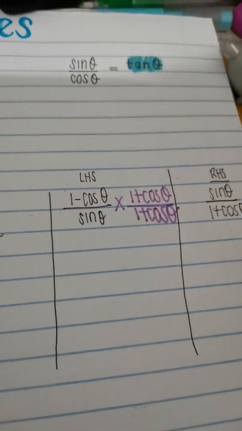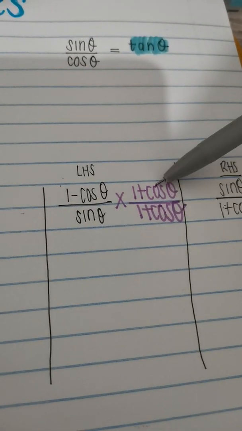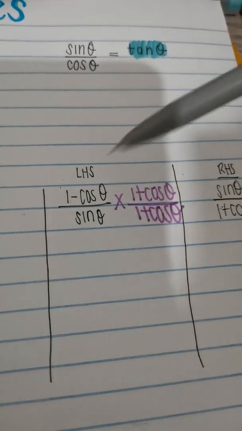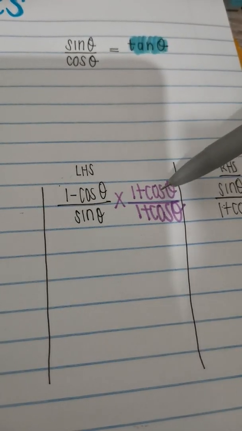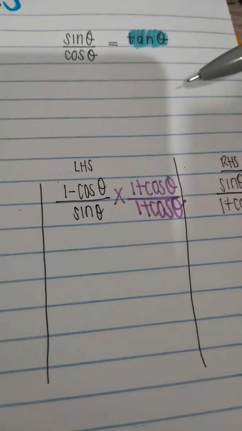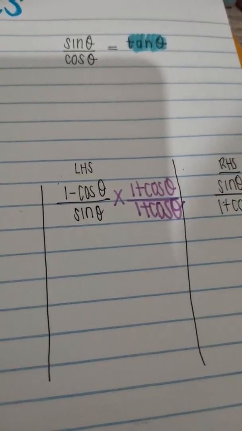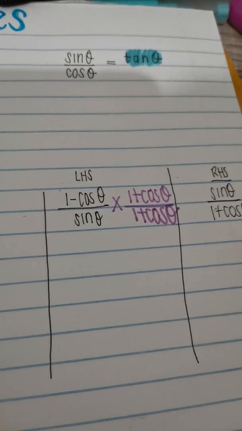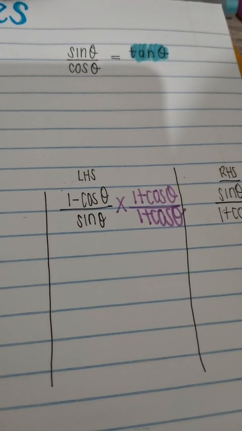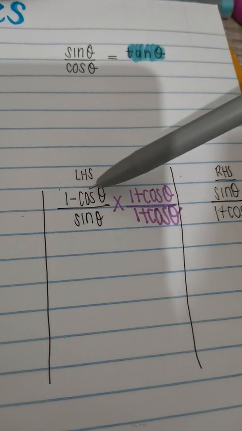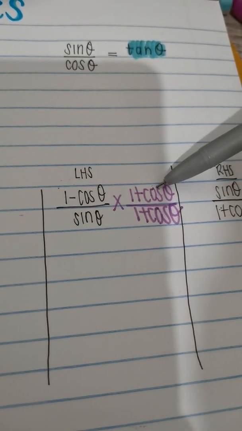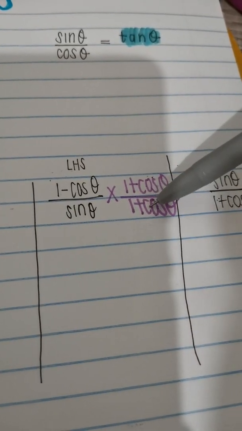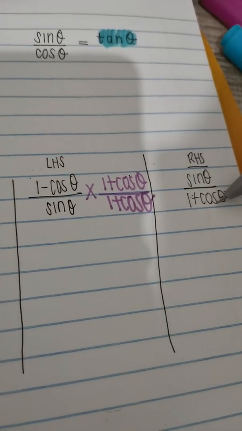Now if you think about it, this over this is basically 1. Any number or any term multiplied by 1 is the same. So I didn't actually or technically change this in any way. All I'm doing is manipulating it in such a way that I can end up with difference of 2 squares in the numerator, and I can end up with this in the denominator, because that's what I need.